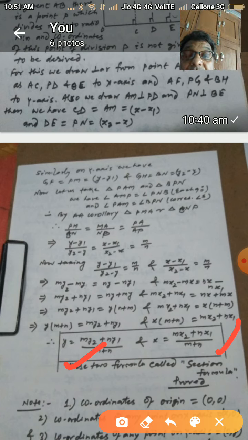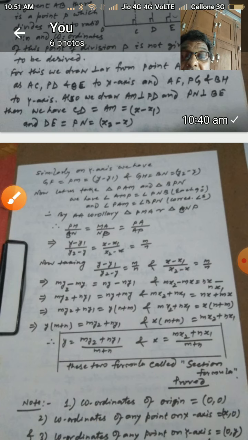So these two formulas are called section formula, and with the help of these two formulae we can find the value of x and y coordinate of the point P, that is the point of division which divides a line segment joining two points A and B. So these two formulae are hence derived and called section formula.